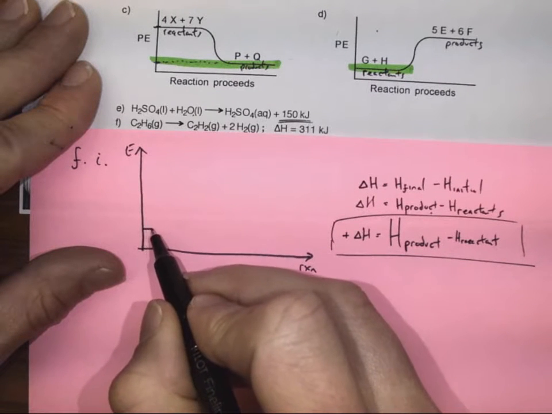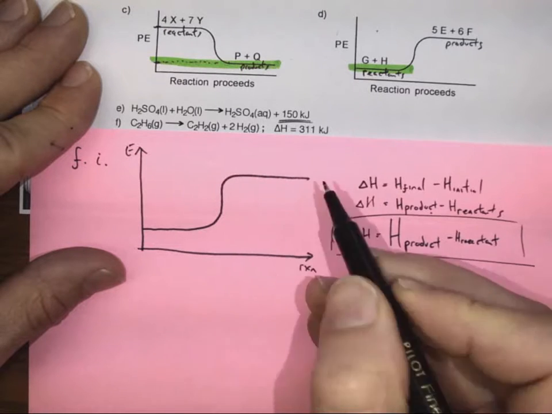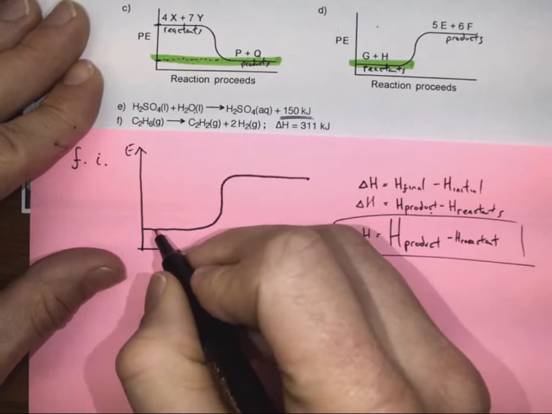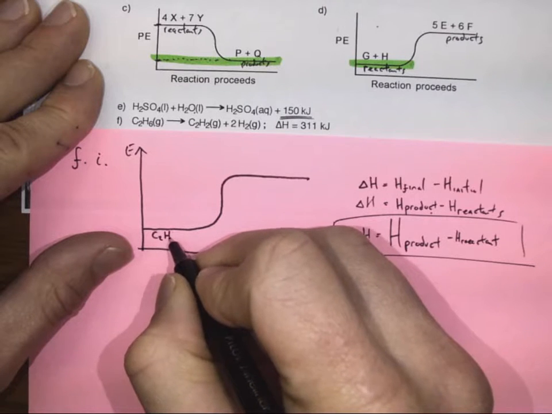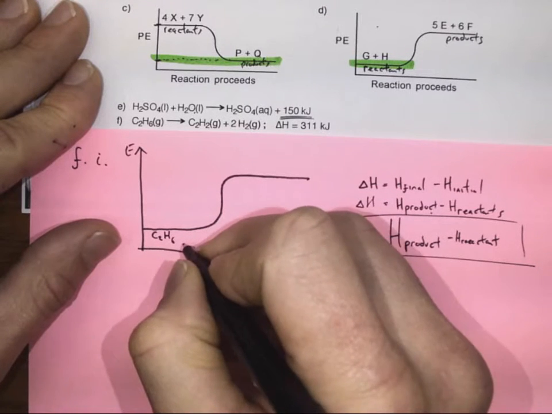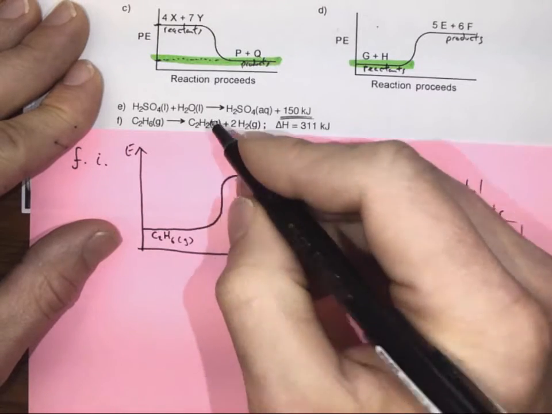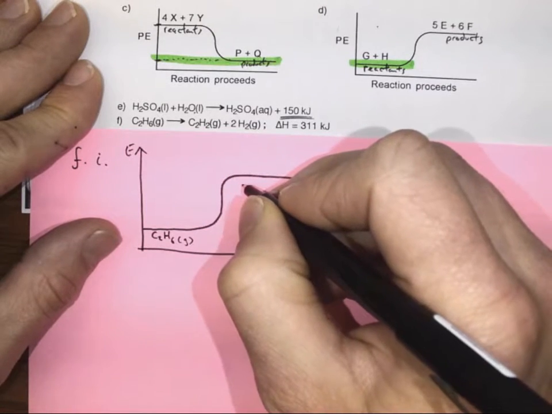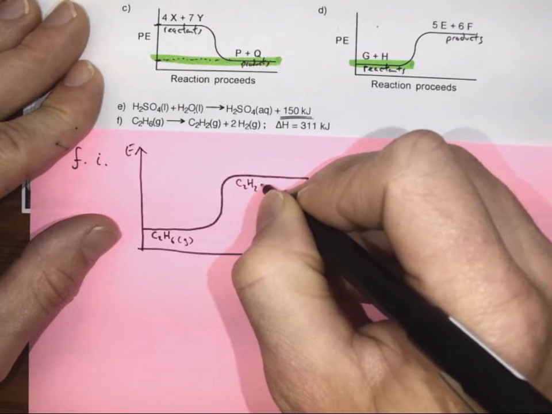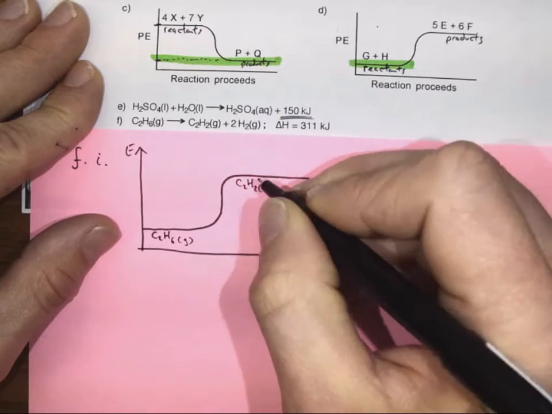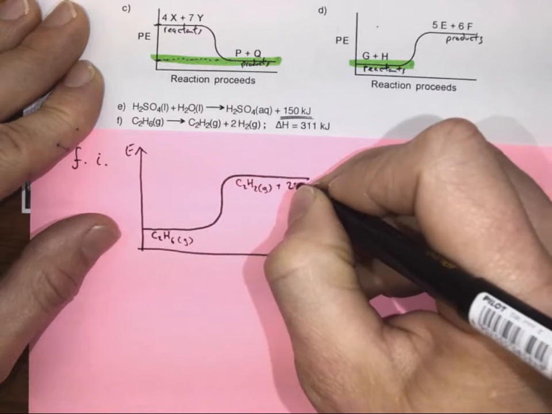My reactants start lower and increase until I form my products. So I've got some C2H6, which is ethane gas, and that's going to form some ethene gas, or ethylene gas, the gas produced by bananas when they are ripening, and some hydrogen gas.